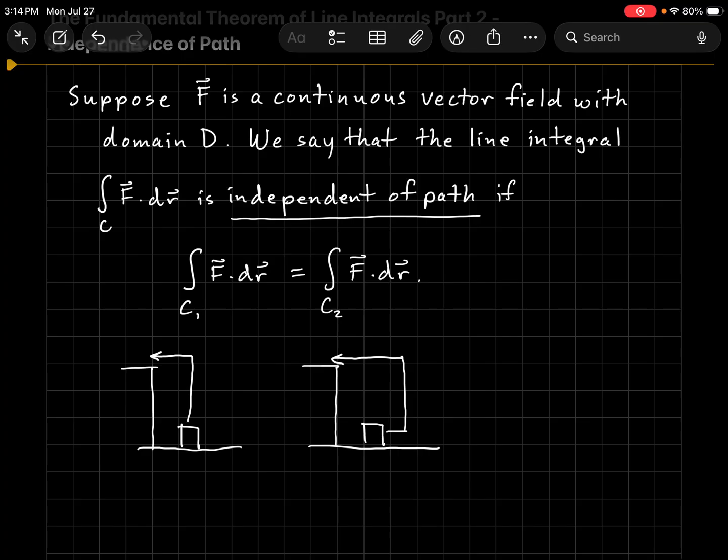Suppose that both the first path and the second path on the right took the exact same amount of work. If that was true, then my line integrals would be independent of path.